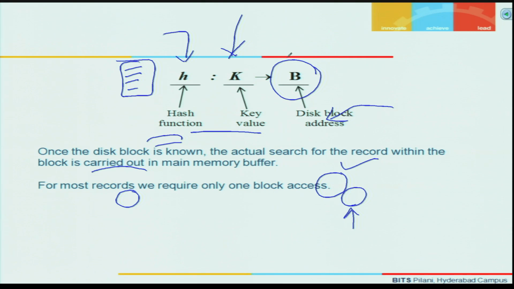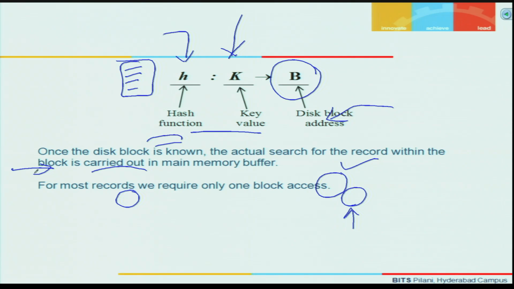So once the disk block address is known, the block which contains that record is transferred to RAM, and then the actual search for the record takes place in main memory. Of course, the search for a record in a block carried out in main memory is going to be very fast, so the time consumed for that is very less.